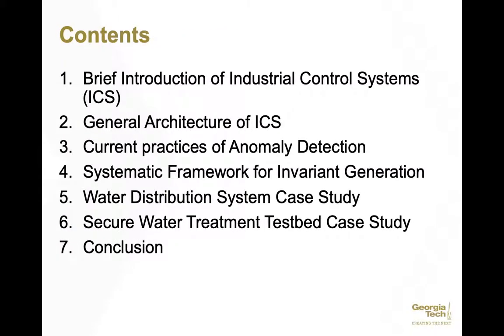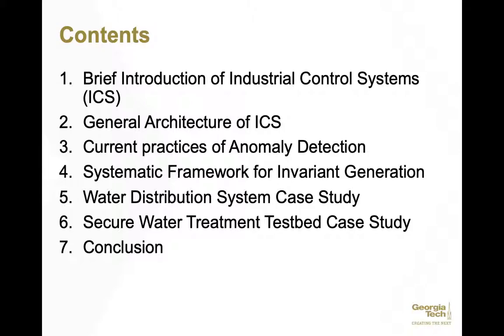In this presentation, I will be going over several topics. First, a brief introduction of industrial control systems. Second, the general architecture of these industrial control systems. Third, current practices in place at industrial control systems for anomaly detection.